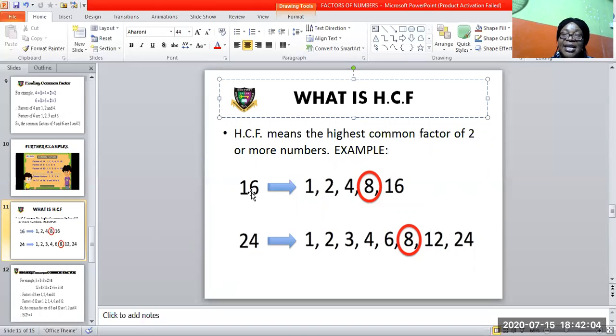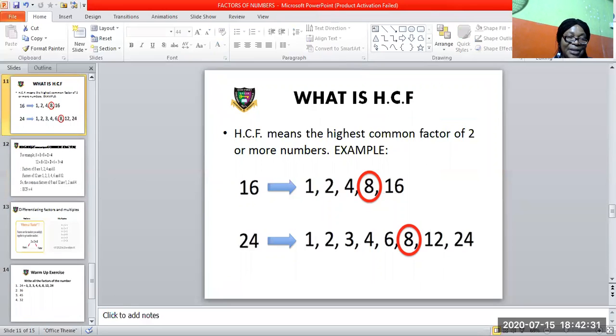Example, 16 and 24. The common factors are 1, 2, 4, and 8. But the highest common factor is number 8. Are we together?